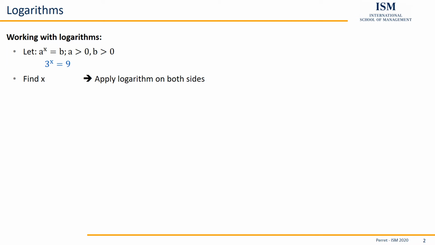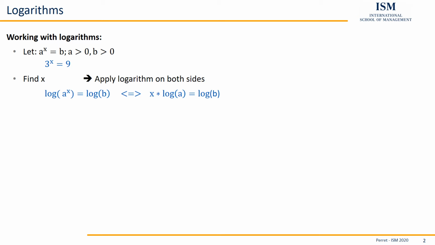So as said here, apply logarithm to both sides. I can either apply the logarithm to a base of 3, then directly get the solution, or I can use any logarithm, which is here implied by the logarithm as is, the log as is.